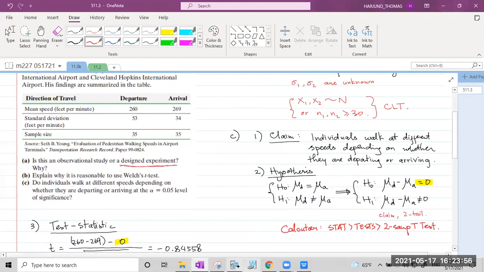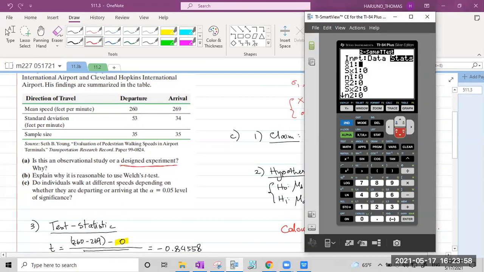Okay, so let's go back here. I need this information. So let's say our first group is departure. Our second group is arrival. Now x1 bar is 260, sample standard deviation is 53, sample size 35.